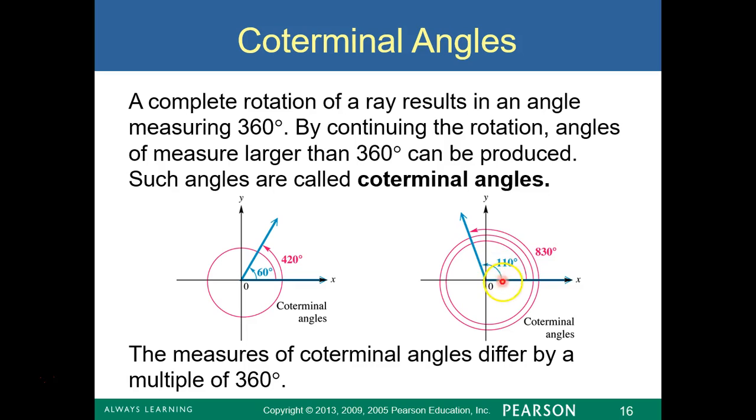We have an angle of 110. It looks like we go around the circle twice, so this differs by a multiple, two times 360. So 110 and 830 are coterminal angles.